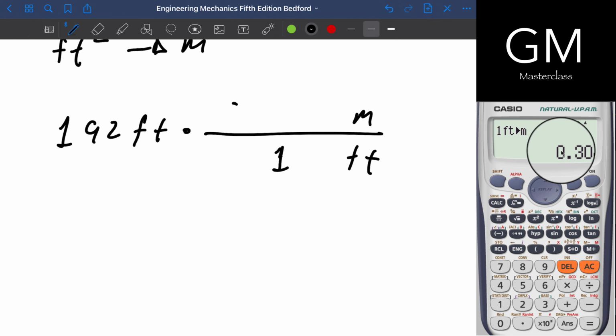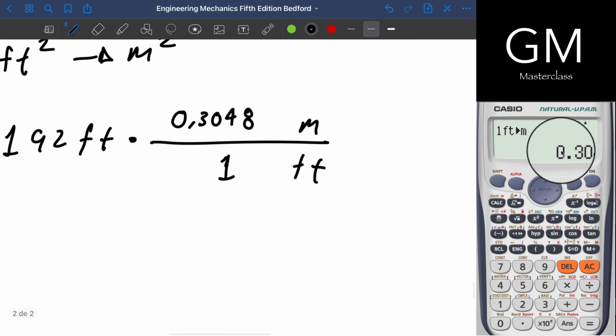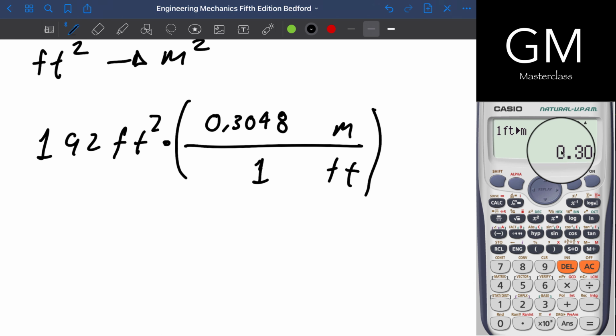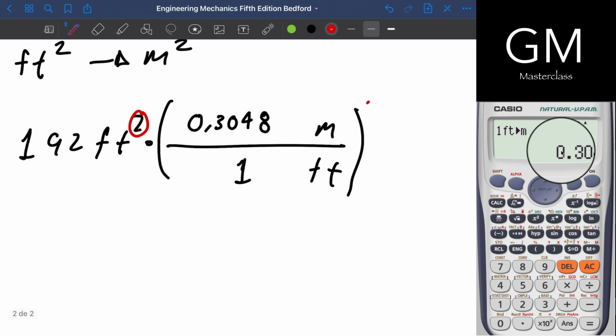So it is actually given by the 0.3048. But what I have to do is that I have to eliminate this square from this spot. So I have to raise to the power the whole division, so I can get rid of this square, because if I don't do it, I'll get a wrong result.